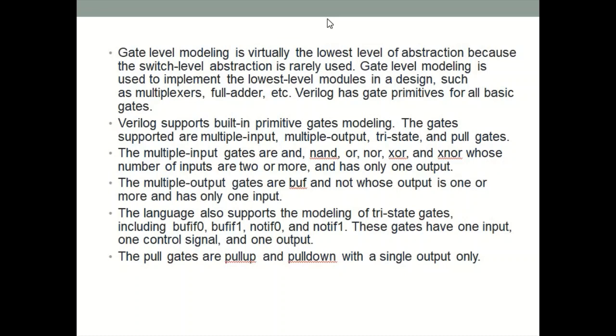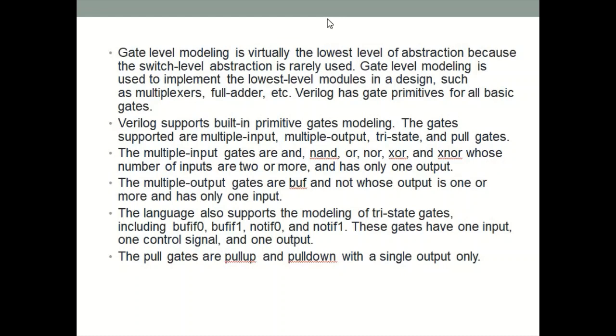The gates supported are multi-input, multi-output, tri-state and pull gates. The multi-input gates are AND, NAND, OR, NOR, XOR and XNOR, whose number of inputs is 2 or more and which have only one output. The multi-output gates are buffer and NOT, whose number of outputs is 1 or more and which have only one input.